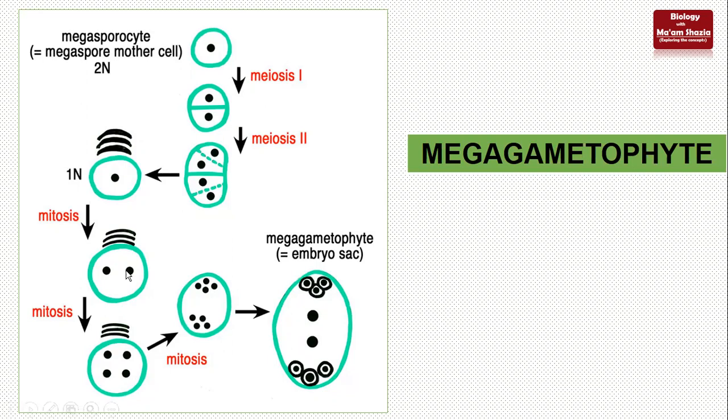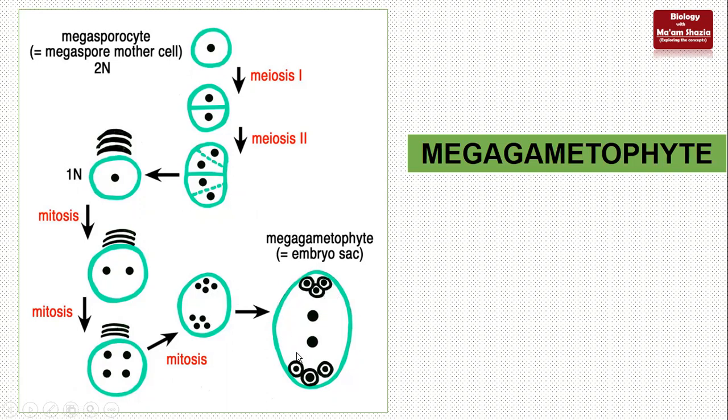So meiosis results in the production of the megaspore, and then the megaspore goes through mitosis three times. One becomes two, two form four, and all four go through mitosis and produce eight nuclei inside each ovule.